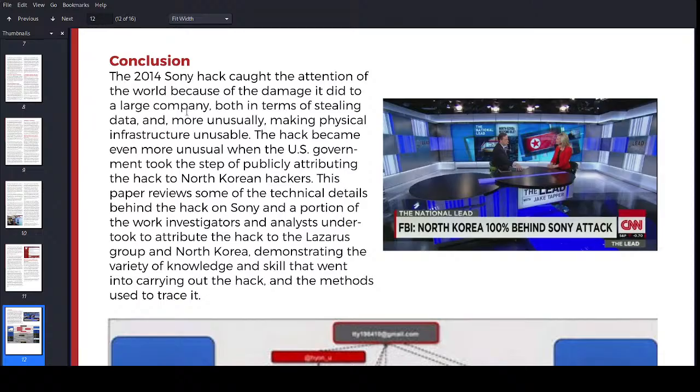This paper reviews some of the technical details behind the hack on Sony and a portion of the work investigators and analysts undertook to attribute the hack to the Lazarus Group and North Korea, demonstrating the variety of knowledge and skill set that went into carrying out the hack and the methods used to trace it.